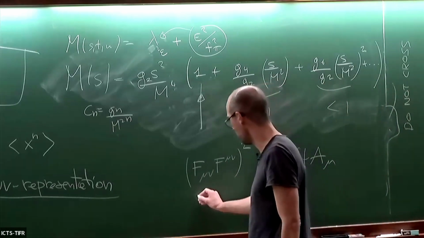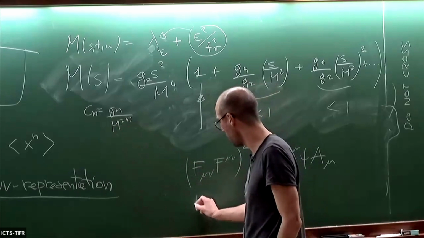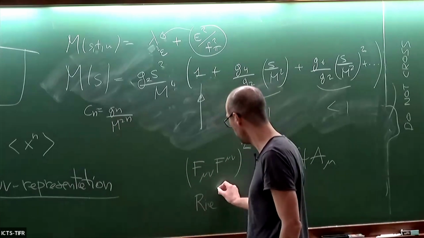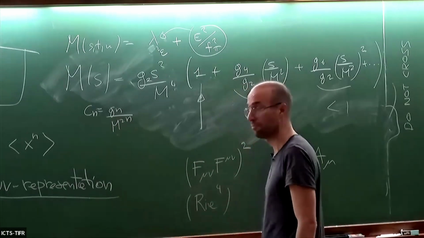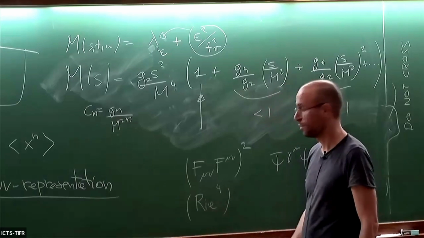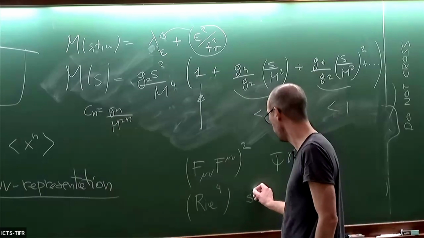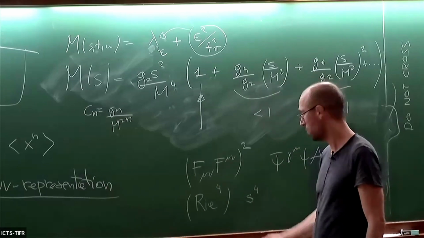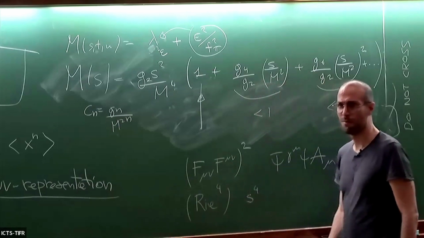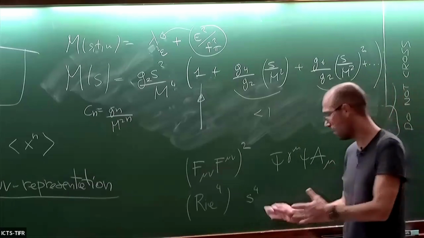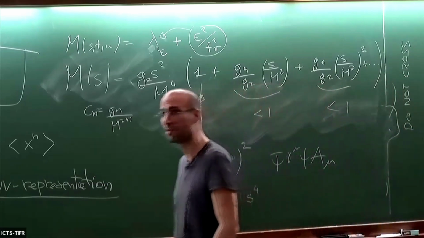For example, the same argument you can use in gravity. Riemann to the fourth has a lot of derivatives, 8 derivatives, so it grows like s to the fourth. This is positive, and so on and so forth. But that is only for quite irrelevant operators.